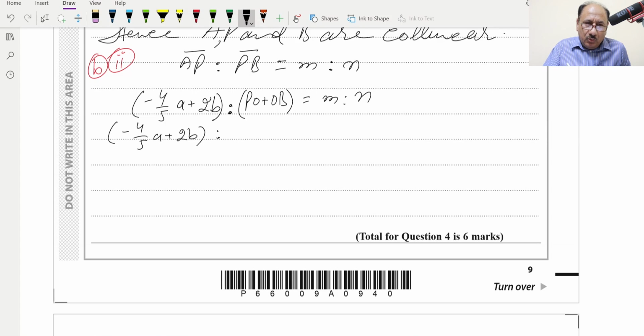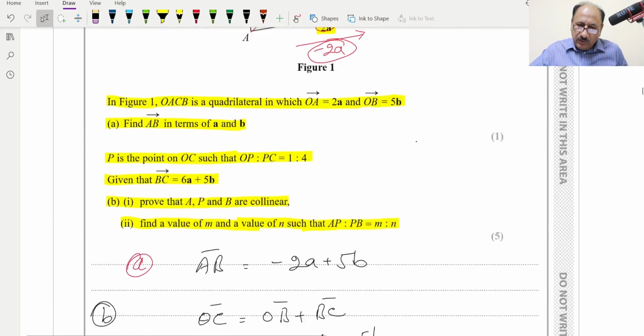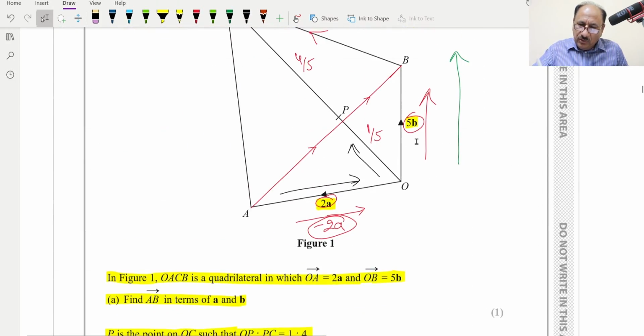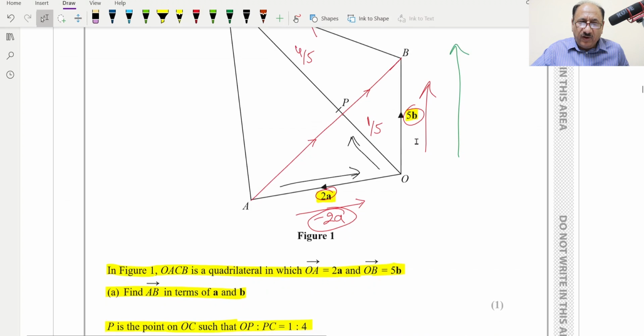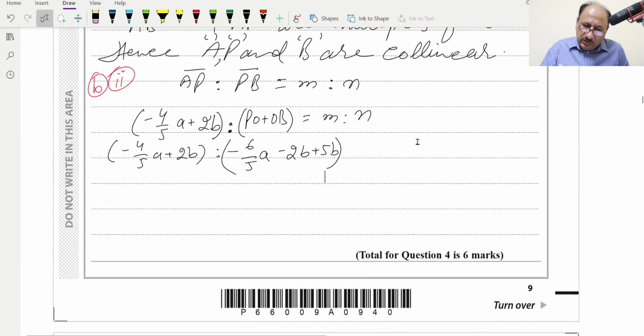Minus 4 over 5A plus 2B ratio PO, and PO is minus 6 over 5A. From the diagram I am taking this. OB is equal to minus 2B plus 5B. We have taken this PO value and OB value, which is 5B. So this portion is OB and this portion is PO.